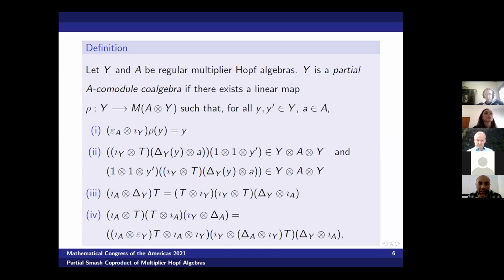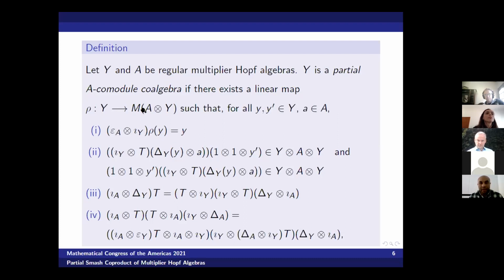For our definition in this context, we have to consider two regular multiplier Hopf algebras. The condition of regularity means that if we have a pair that is a multiplier Hopf algebra, then the composite map of the twist with the coproduct is also a multiplier Hopf algebra. And we define a partial A-comodule coalgebra if there exists this linear map.